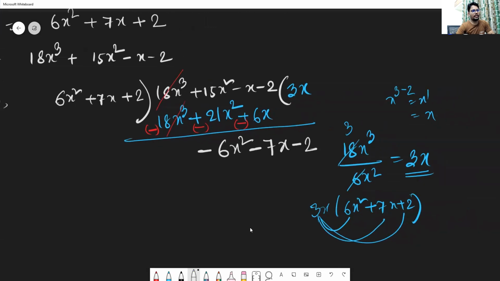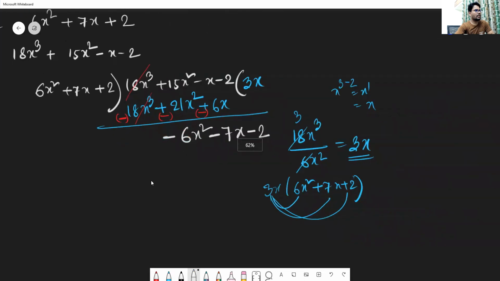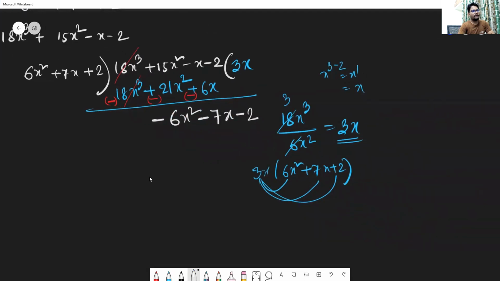Now what we see in this part, the first term is minus 6x square, and the first term of the divisor is 6x square. They are the same, so the answer is 1, and now minus 1.